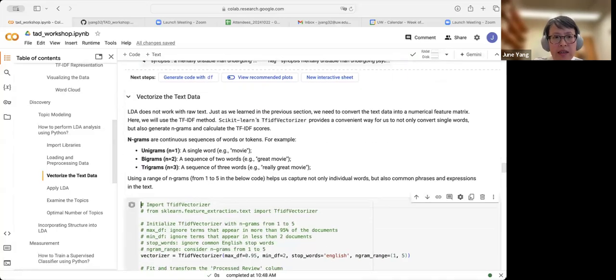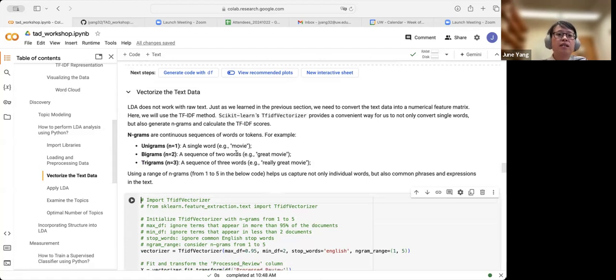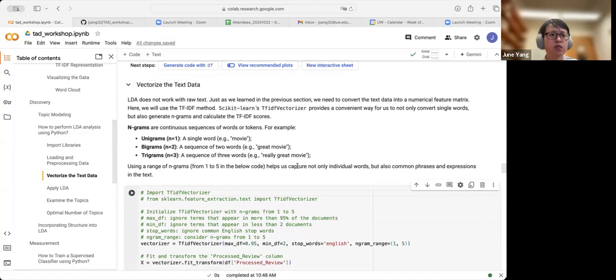First, same as we learned in the first section, we need to vectorize the text data. We need to turn it into a document term matrix, because we are not interested in single documents, we're interested in discovering the global patterns of our data set, right?